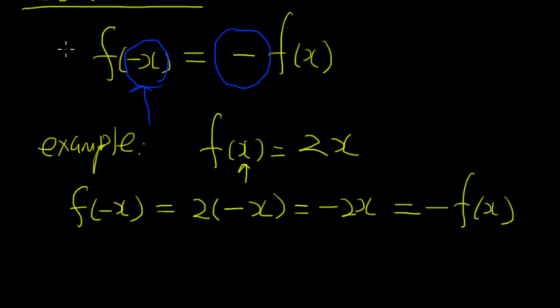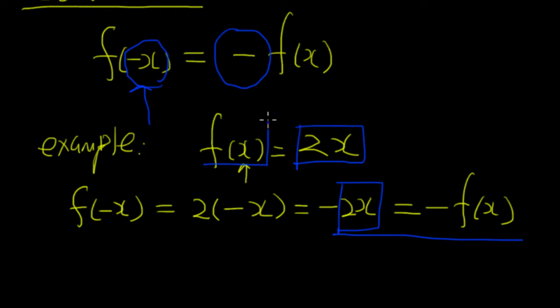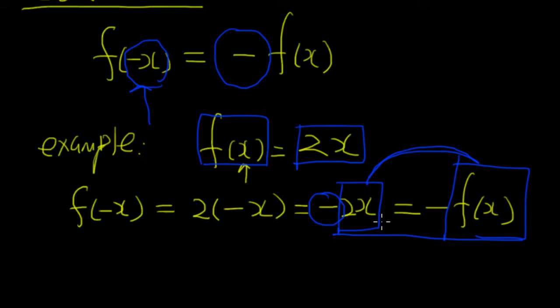And as you can see, this negative 2x is same thing as negative of f of x. Now, a lot of you might be confused at this point. Well, let's check this part right here again. See this 2x is same as f of x. So if we have a negative 2x, then that's same thing as negative f of x.